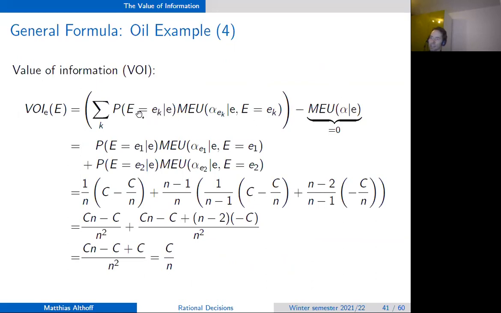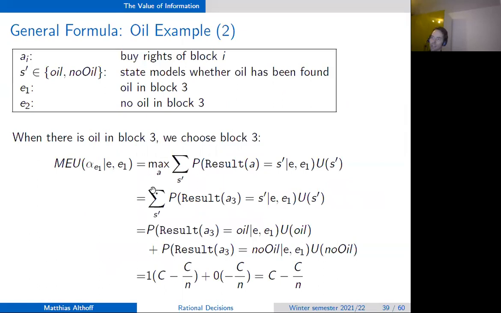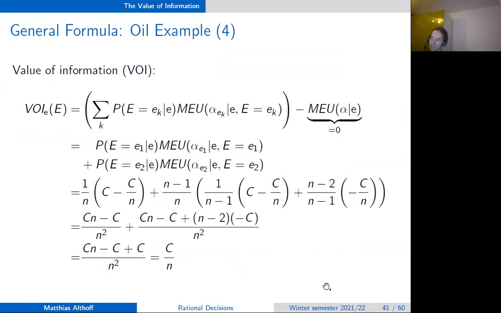Now the probability that the seismologist says that there's oil is 1 over n multiplied with the maximum expected utility, which we have obtained here, C minus C over n, plus the probability that there is no oil multiplied with the maximum expected utility given that additional information, which is this rather complicated formula. But after some simplifications, we obtain a value of C over n, which is exactly the same as we obtained previously.